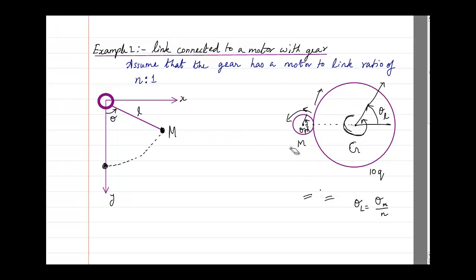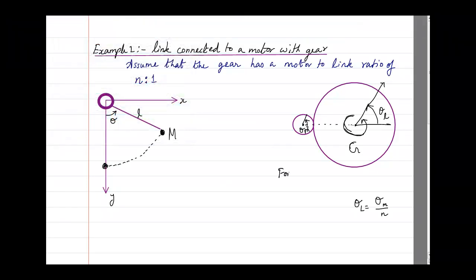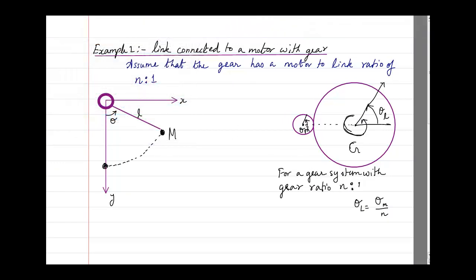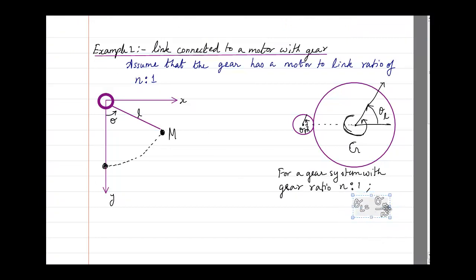So let me write that. For a gear system with gear ratio n is to 1, the relationship that we are going to have is that theta L is theta m divided by n.